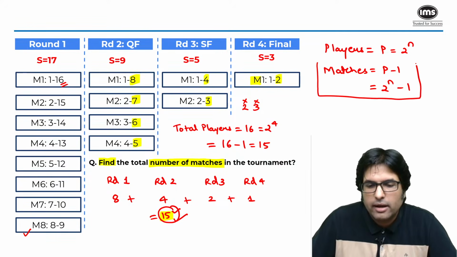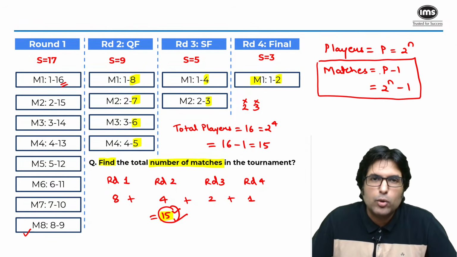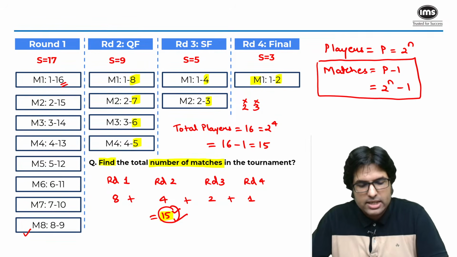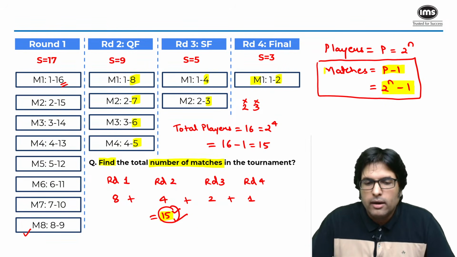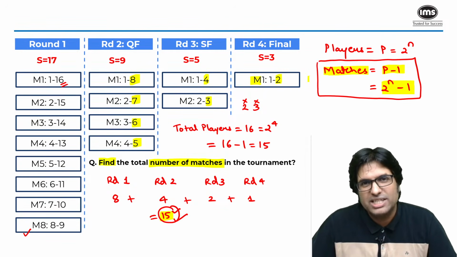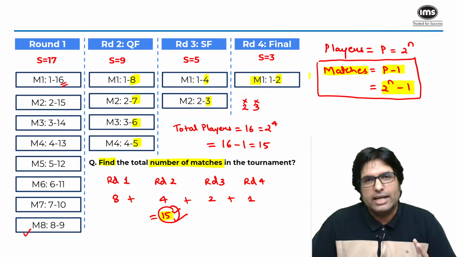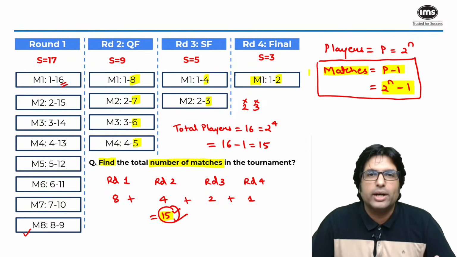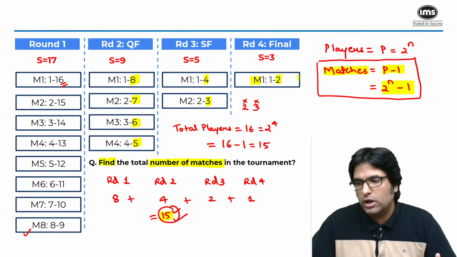Now understand whether the players are of the form 2 to the power n or not, this relationship holds true. This relationship holds true for any number of players. So for example, even if you have odd number of players, prime number of players, the number of matches would be 1 less, because understand, except the winner of the tournament, everybody else has to get eliminated. So type yes if this first question is absolutely clear to you.